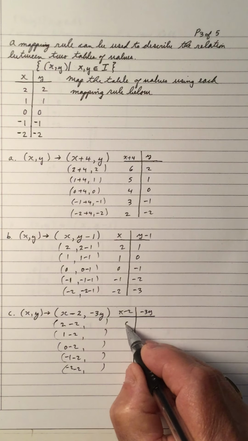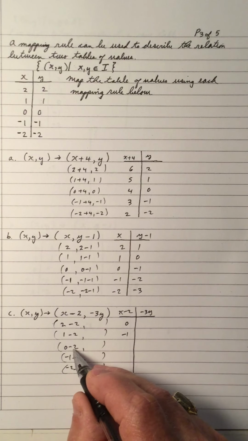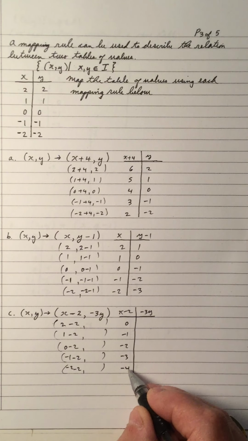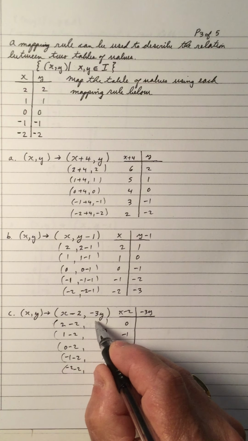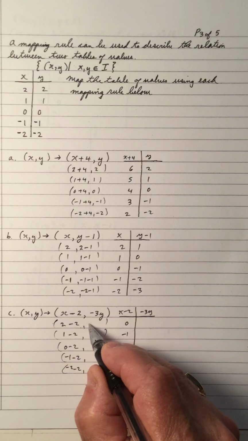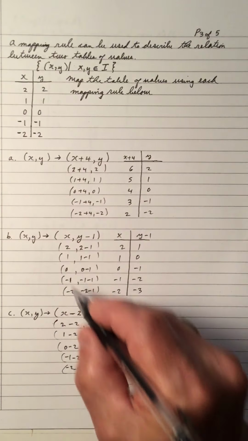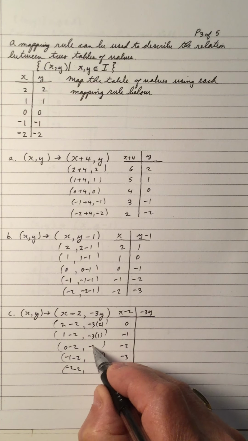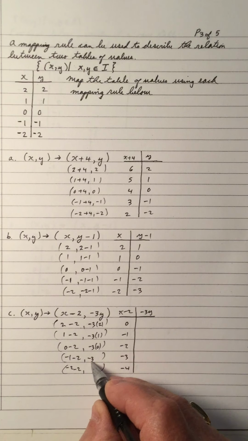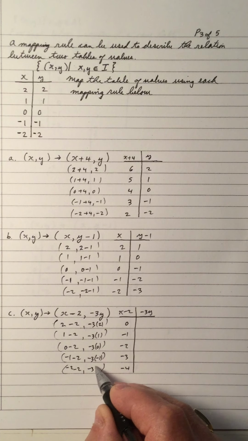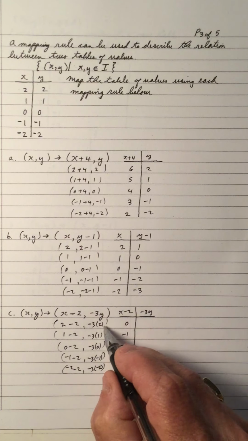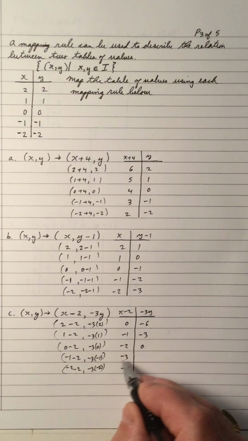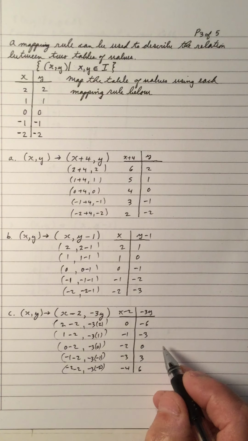So the x is 0, negative 1, negative 2, negative 3, negative 4. And the y is negative 3 times the y value. So the y is 2, 1, 0, negative 1, and negative 2. So that becomes negative 6, negative 3, 0, 3, 6.